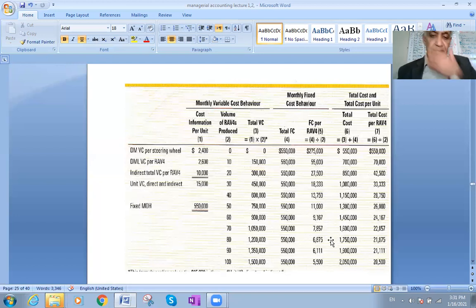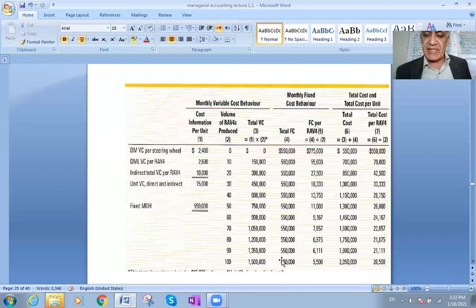For the first level, the variable cost was 0 and the fixed cost 550,000, so it will be 550,000. The second one, the variable cost was 150,000 and the fixed cost was 550,000. This comes to 700,000. The third and the fourth are the same, all the way down.